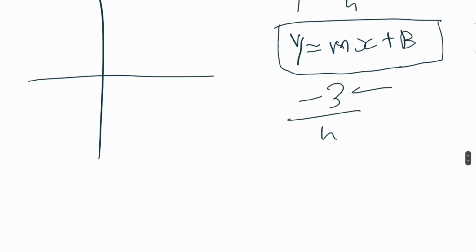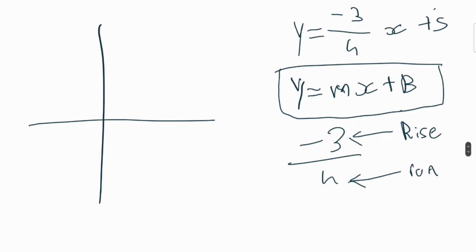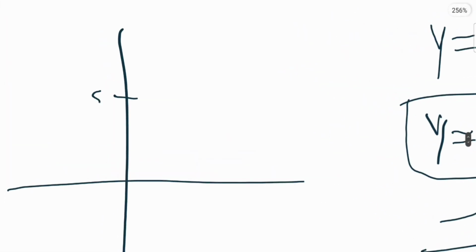So the rise is going to be this. And the run is going to be this. So that means that every time it increases by 4 on the x-axis, it's going to decrease by 3 on the y-axis. And because it's added by 5, it's going to start at 5. Call this 5 here.